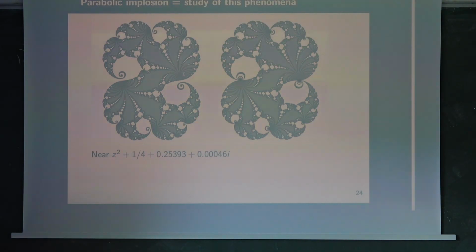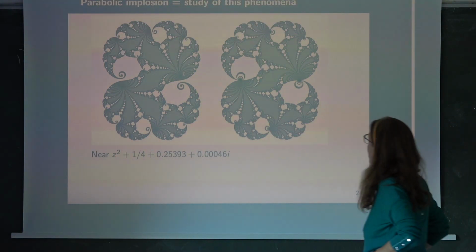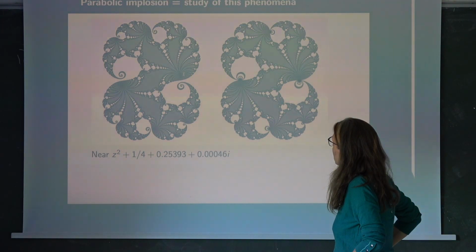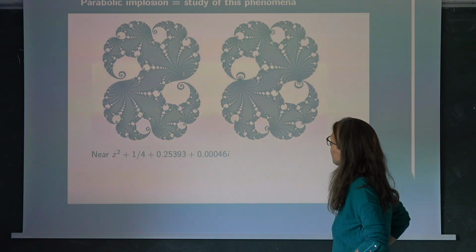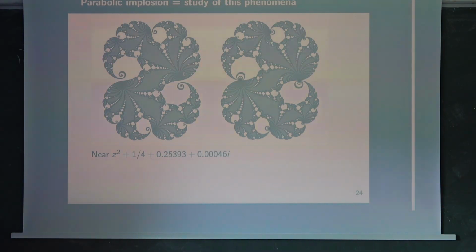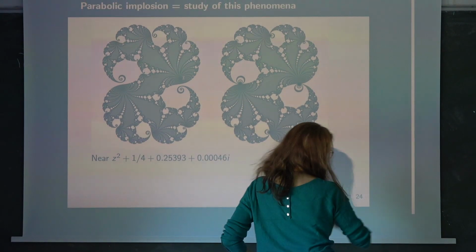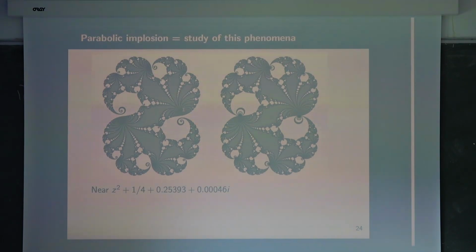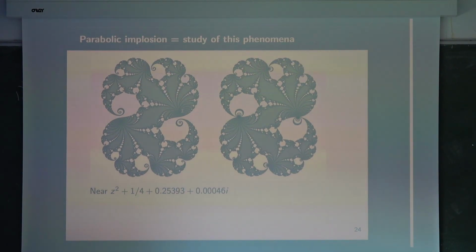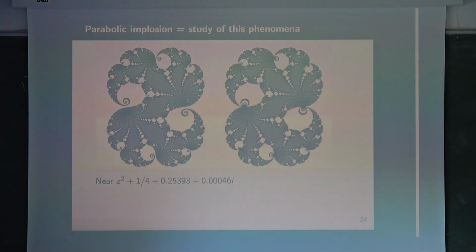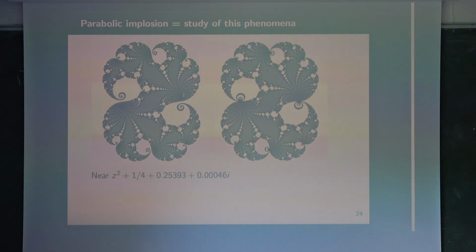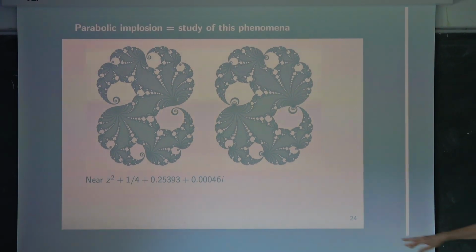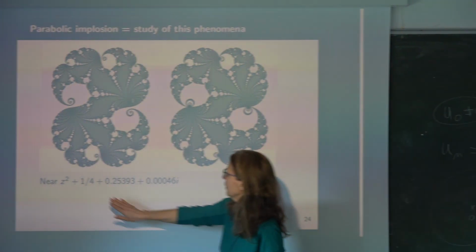And here, you are going to z squared plus 1/4, which is conjugate to z plus z squared, just another parametrization. Oops, sorry, there is a mistake.